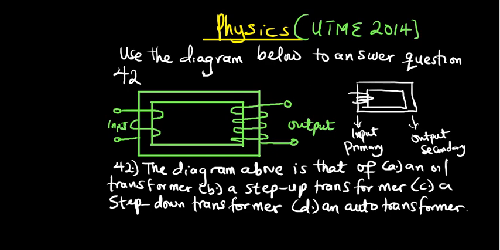The number of turns in the primary is denoted by Np, while the number of turns in the secondary is denoted by Ns. I hope you understand.